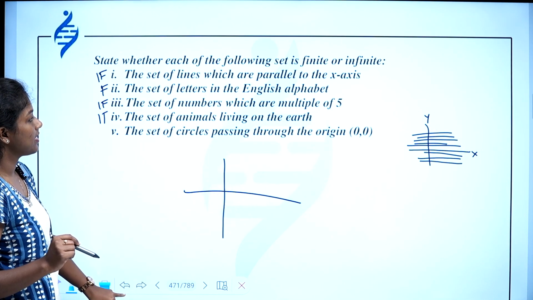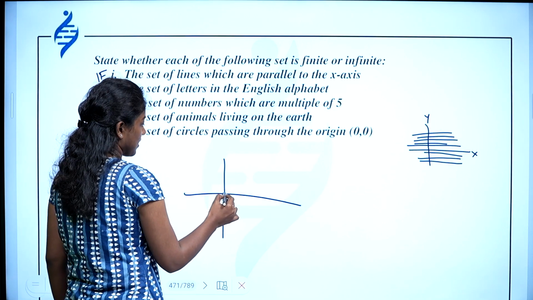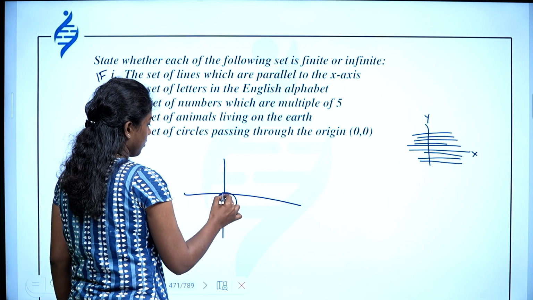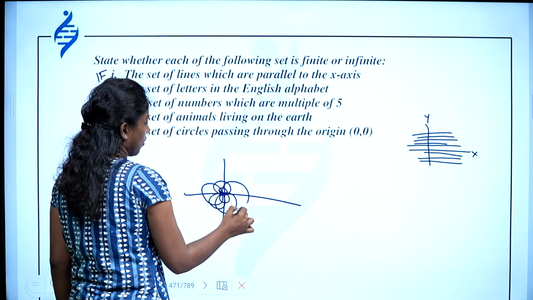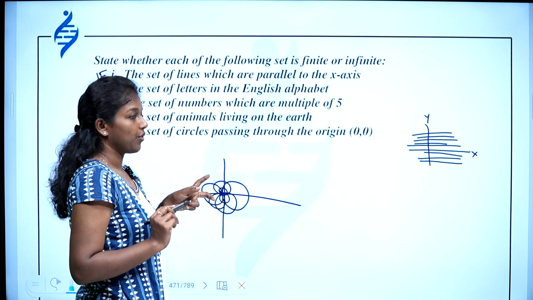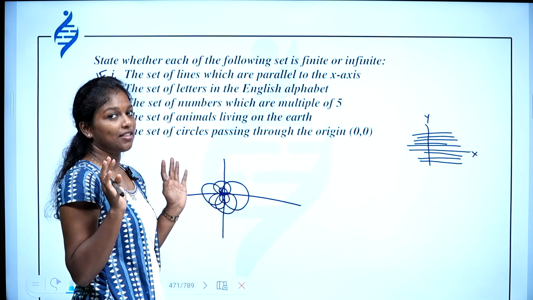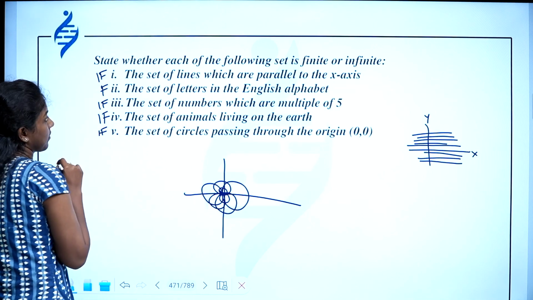So this will be like this. These are all circles passing through the origin. Okay, this is how we draw. So you can find infinitely many circles passing through our origin, and this is also infinite.